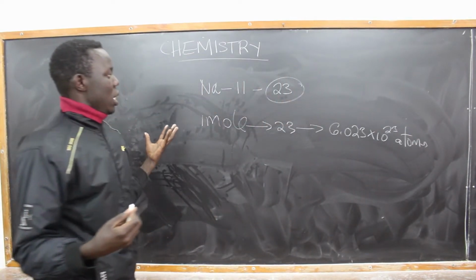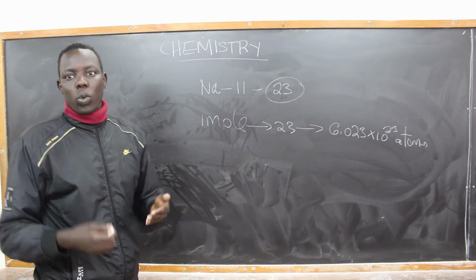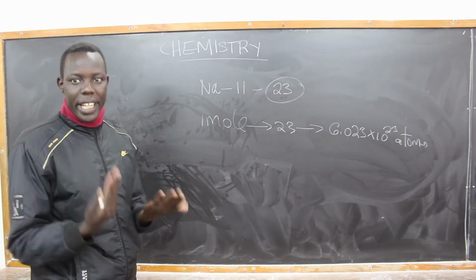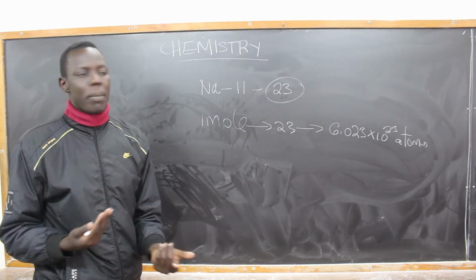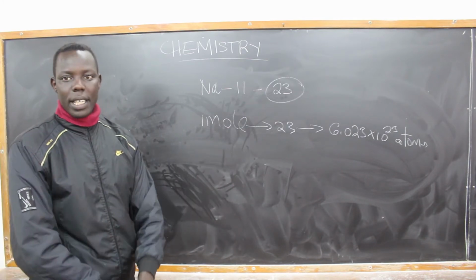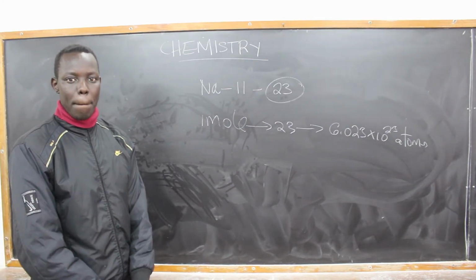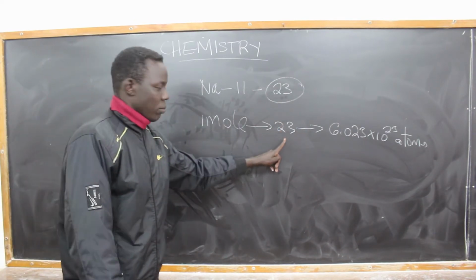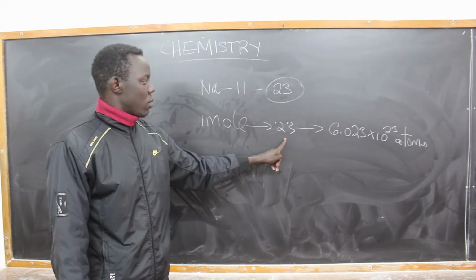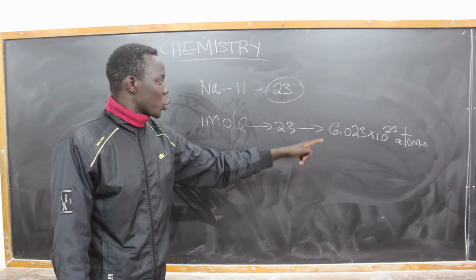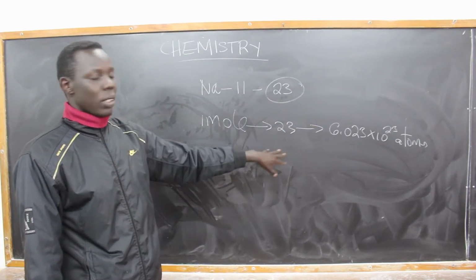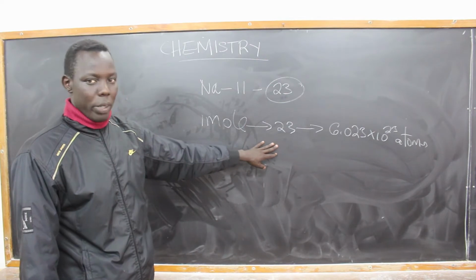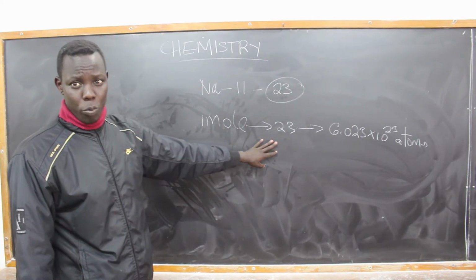Now, if they ask you to calculate the number of atoms contained in a given mass of sodium, then this is what you are supposed to use. If 23 grams is equivalent to 6.023 times 10 power 23 atoms, what about the 5 grams you have been asked? What about the 10 grams you have been asked?